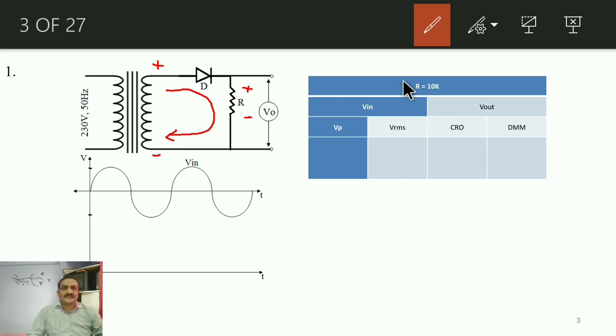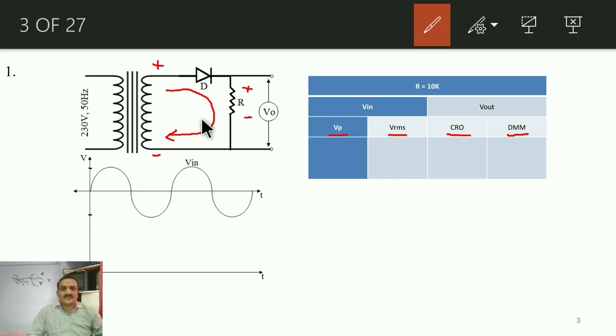This R, I mention as 10K, and for V in, you have to imagine how much is the peak voltage and how much will be its RMS voltage. Just imagine if we observe it on CRO and measure it on DMM, what values you will get. And this is the applied voltage to that diode, that is nothing but the secondary voltage of that transformer.